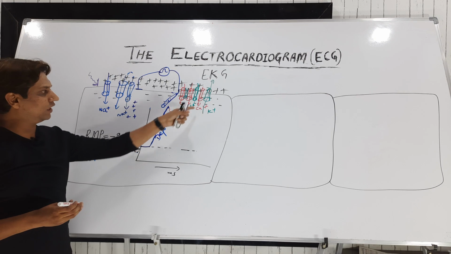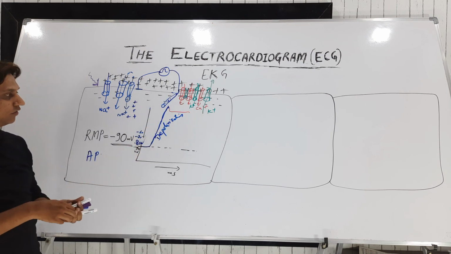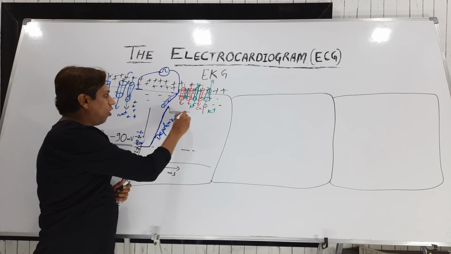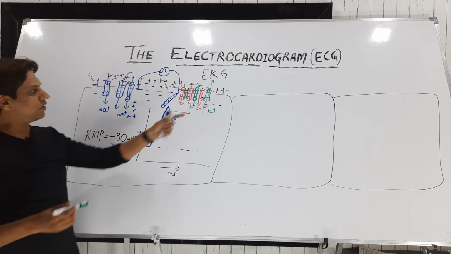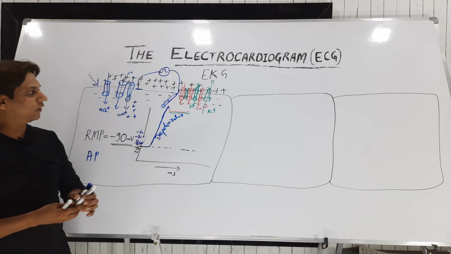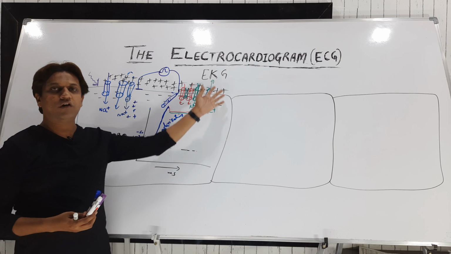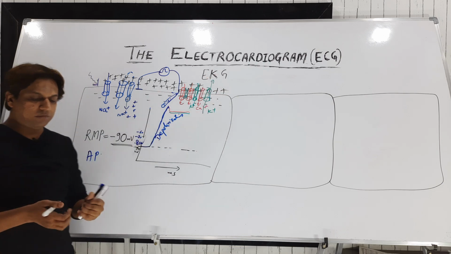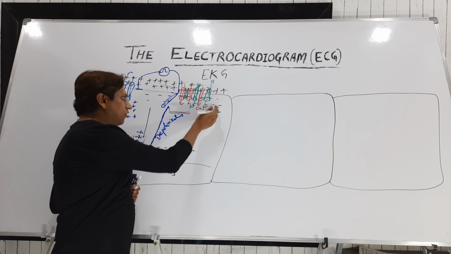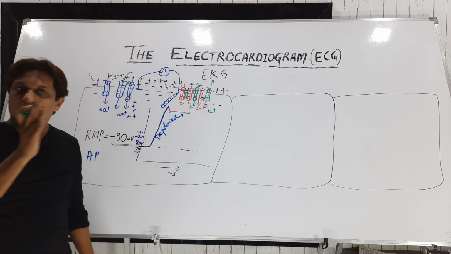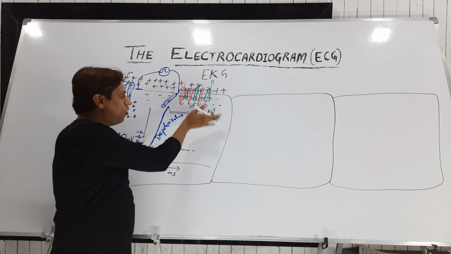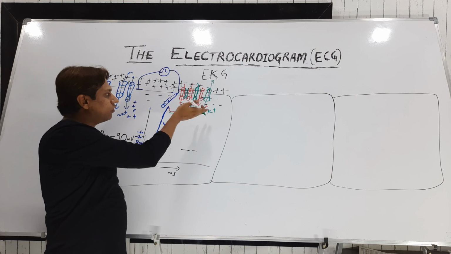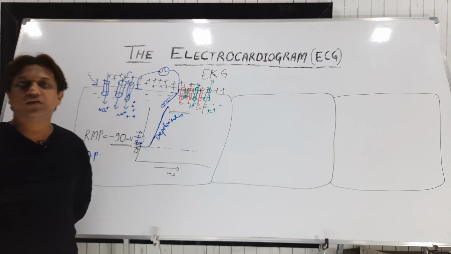Okay, so this plateau phase is again due to opening of the calcium channels, and simultaneously opening of the potassium channels also. But after some time this calcium channel closes, but the potassium channel remains open for a longer duration of time. When it is kept open and the calcium channels are closed, more potassium is lost from the interior of the cell to the exterior of the cell.